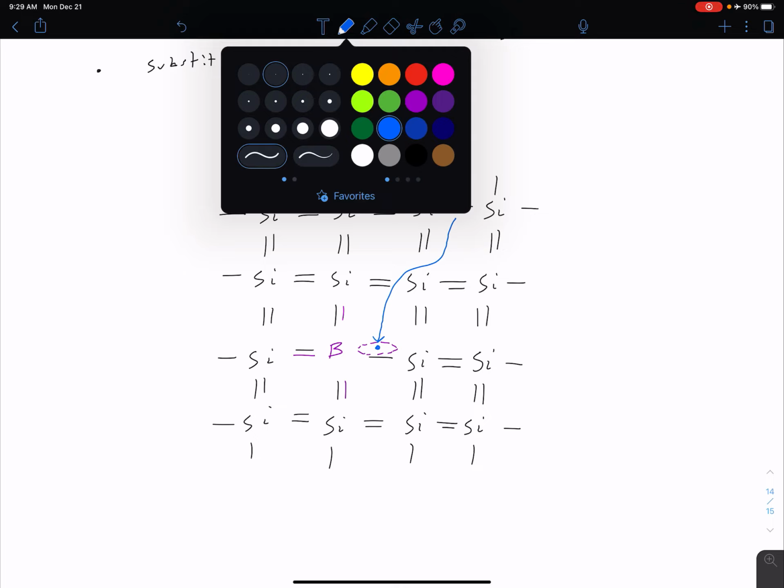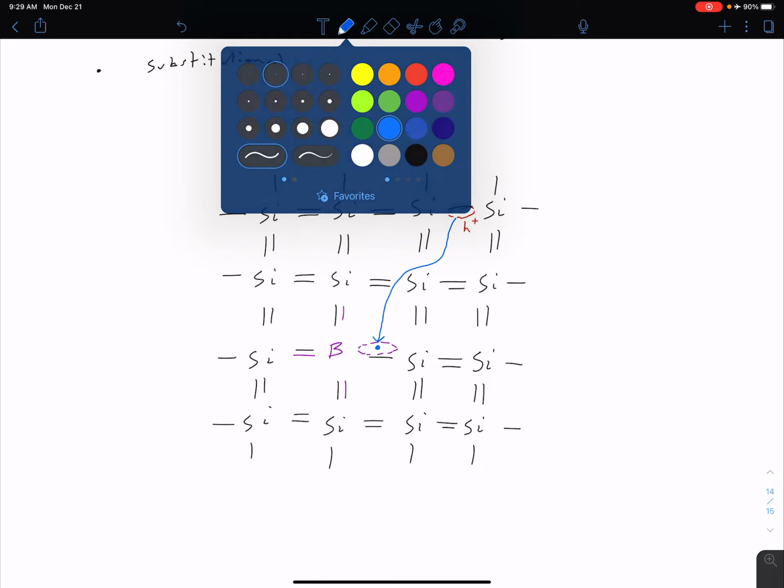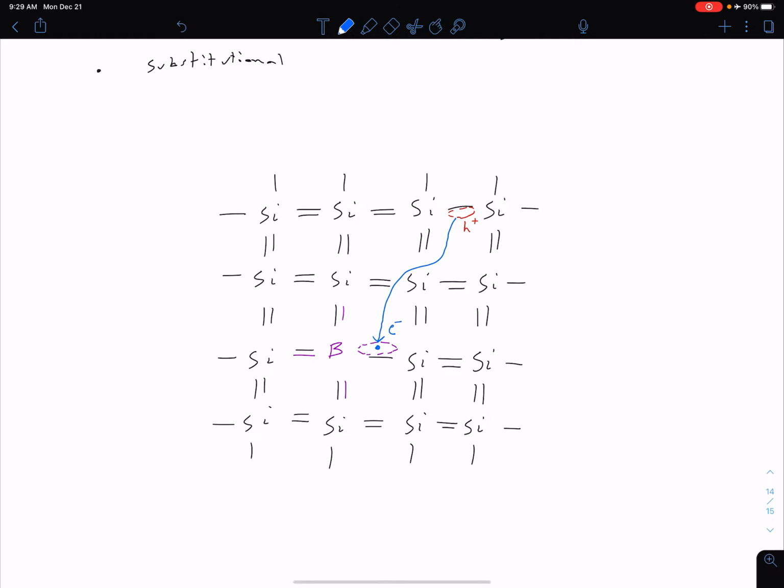Of course, when it does that, it's going to leave behind a positively charged hole. Down here, let me label this, this is our electron that came down and filled this spot where our boron was.